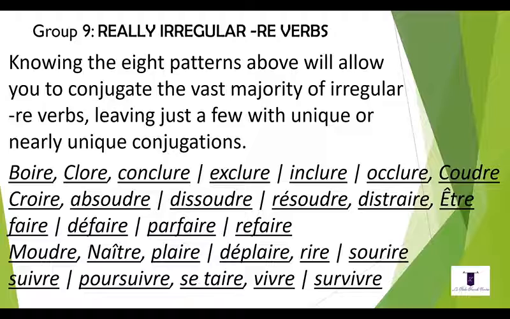Verbs like faire, défaire, parfaire, refaire. Plaire, déplaire. Rire, sourire. Suivre, poursuivre, vivre, survivre. If you look at them, you can say they resemble each other. It means when you know one, you know the other one.